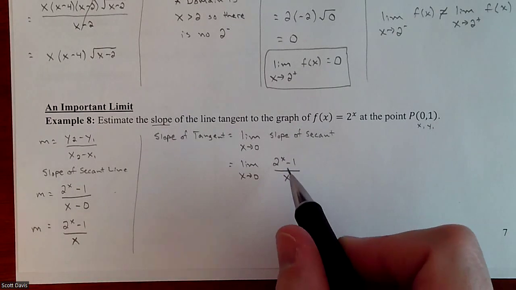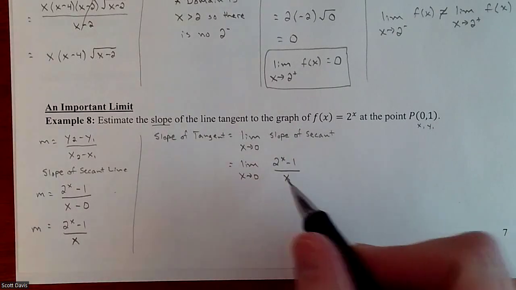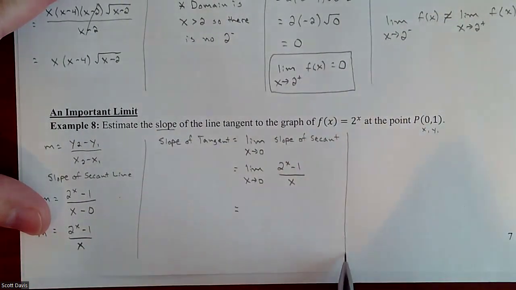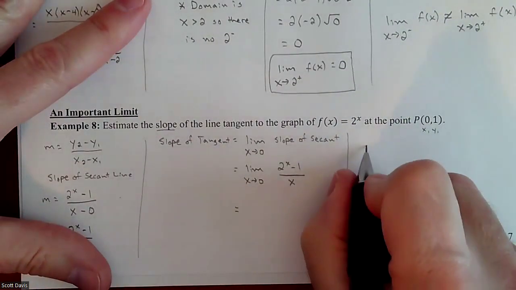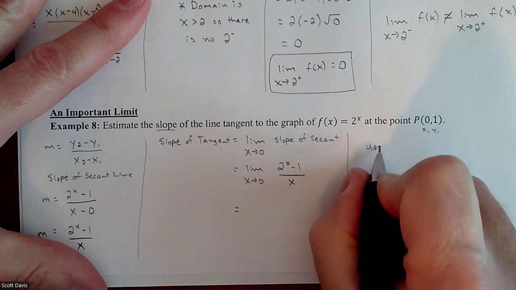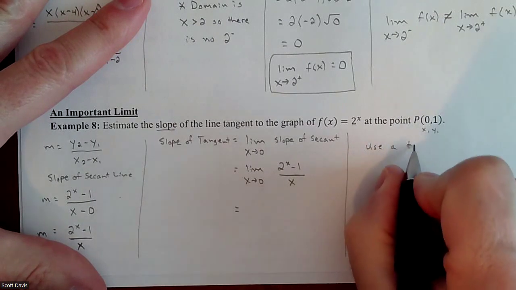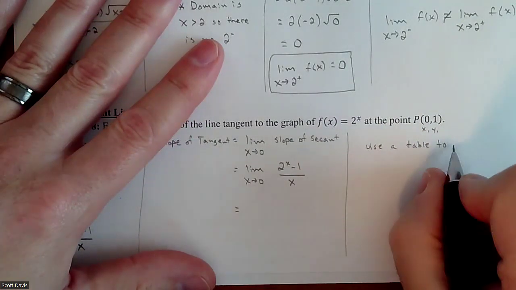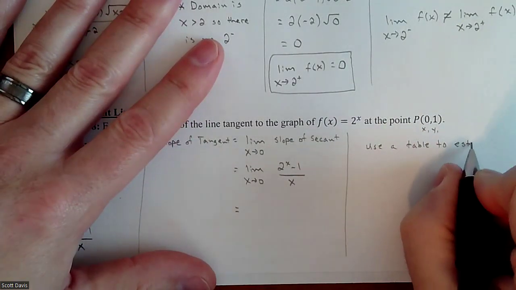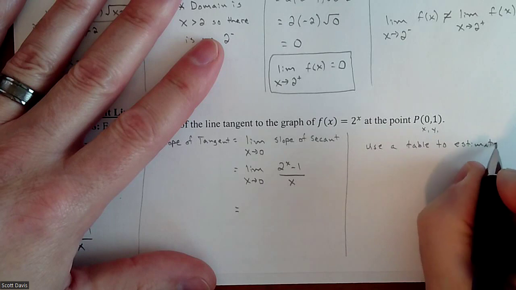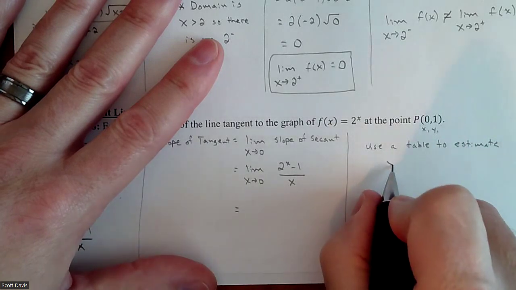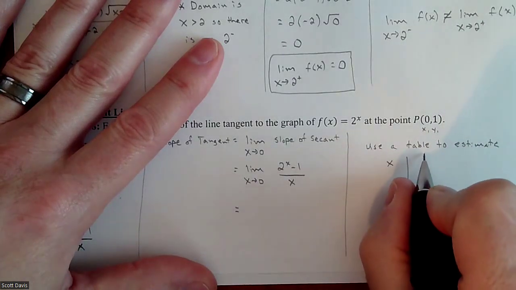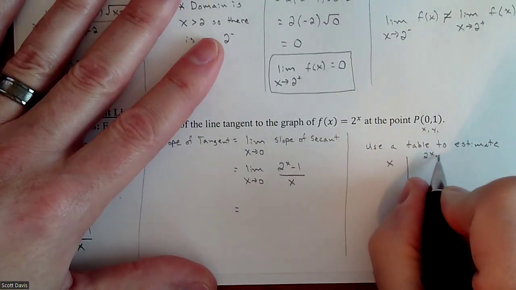So we don't have the calculus way to do it quite yet. Instead, we're going to get an answer, but we're going to need to use a table to make this happen. So here's what we've got: our x values, and then our y values, which is the function.